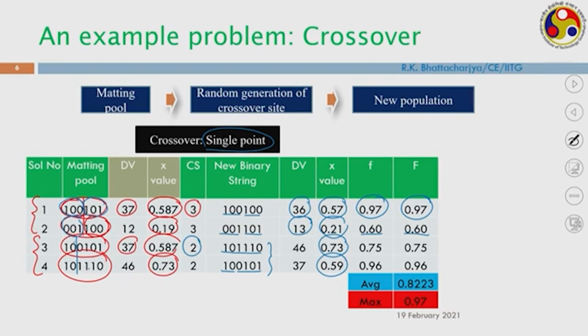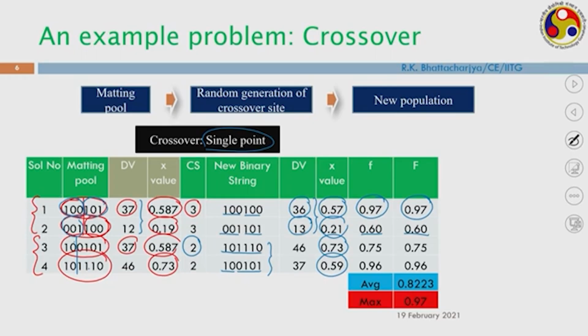Now, if you look at this particular solution, the decoded values of these parents were 37 and 12, and here you are getting decoded values of 36 and 13. That means the crossover is creating a solution near to the parents.